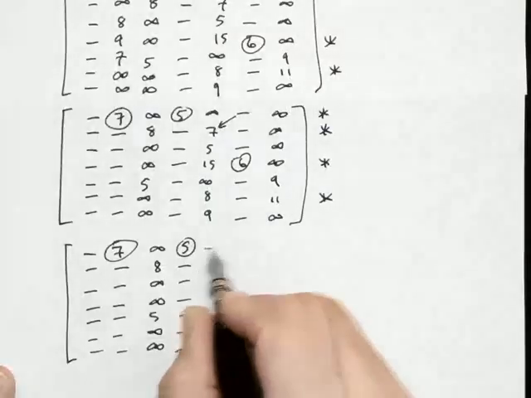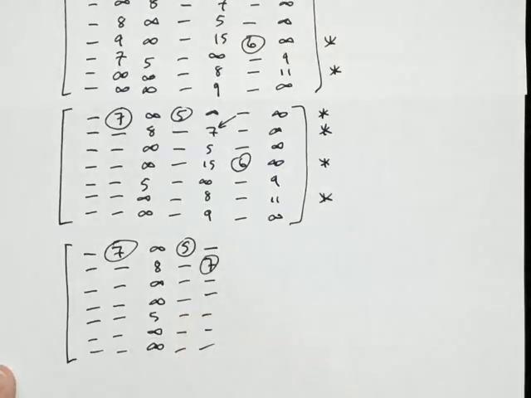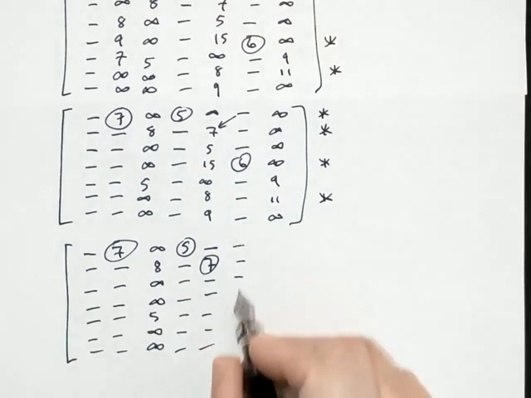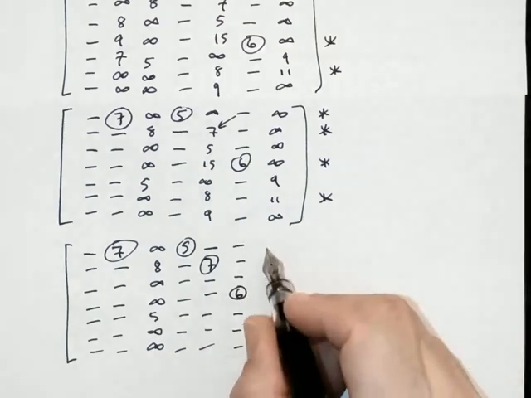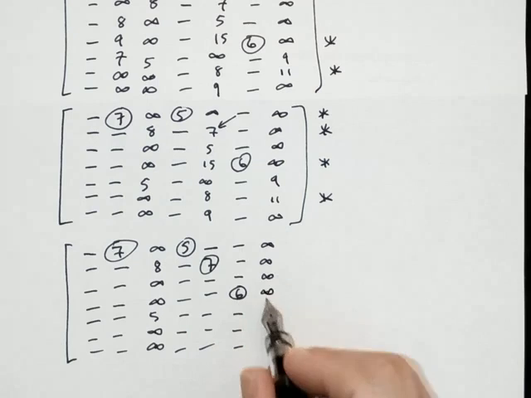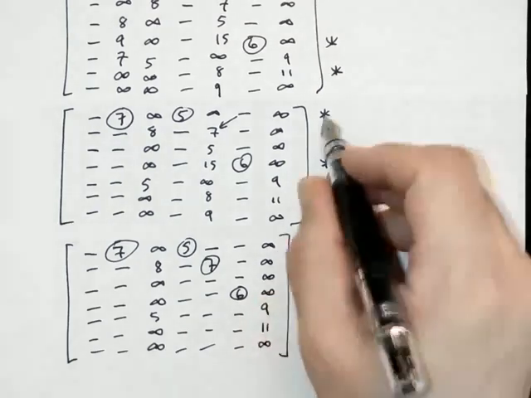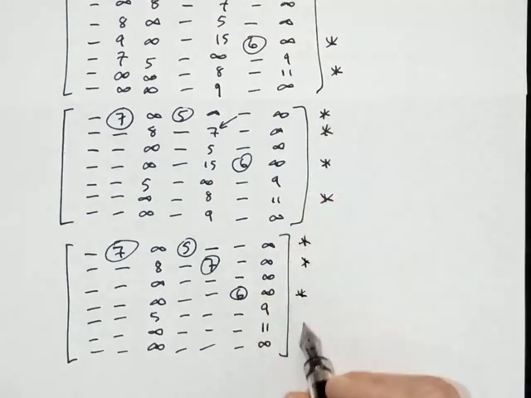Exactly. So there's a dash here, a 7 circled, and then everything else is a dash. I already have the circled element in that column. And I had 1, 2, 4, and 6.